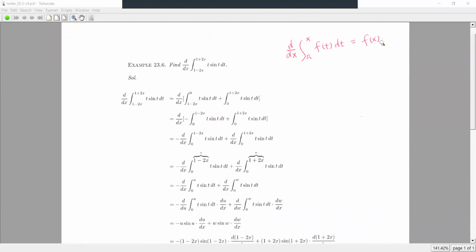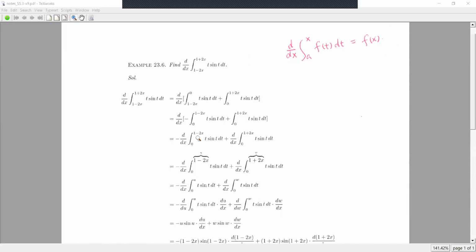I want to use this formula. But this formula requires the upper limit to be just x. In these two derivatives, the upper limits are not just x. So I simplify the two upper limits.